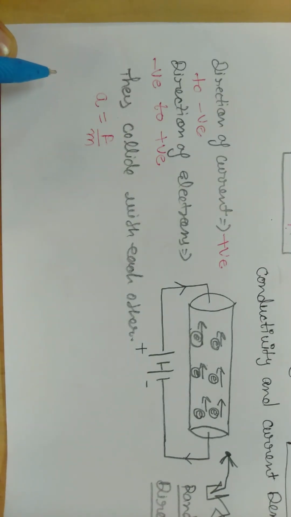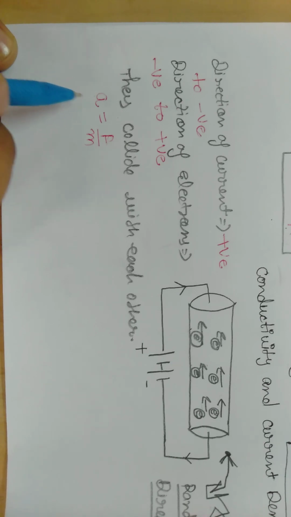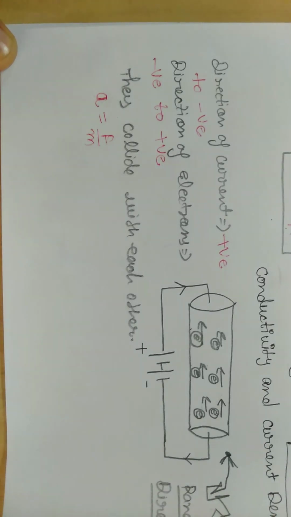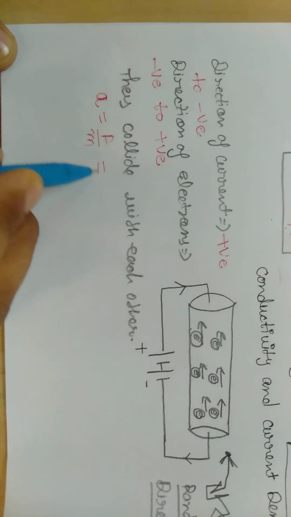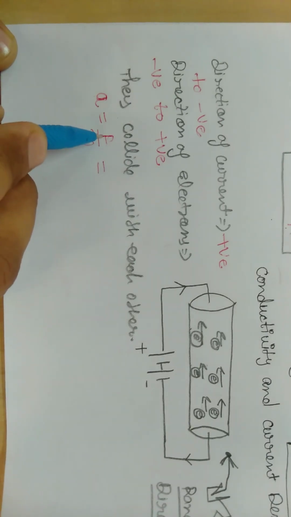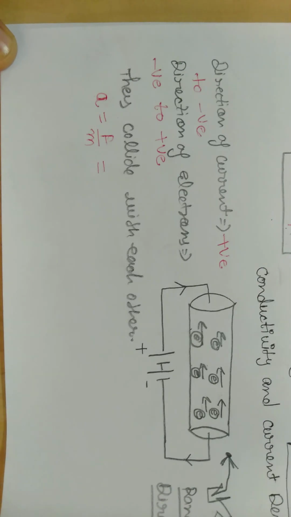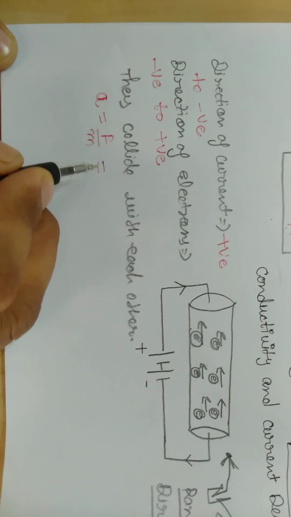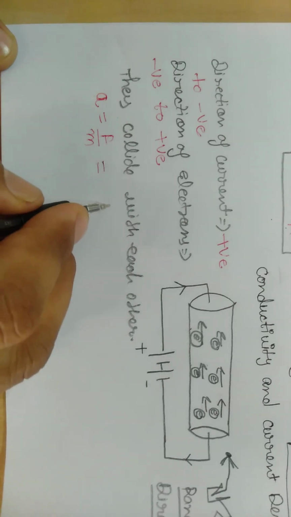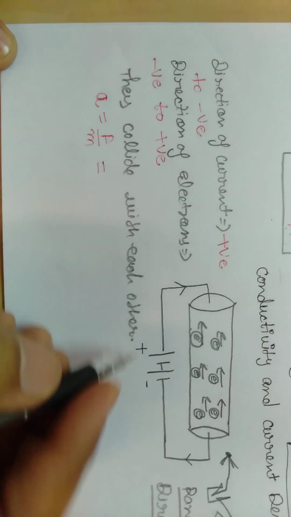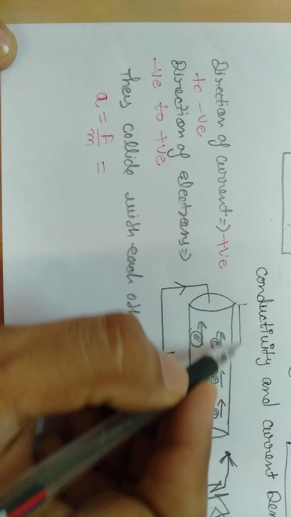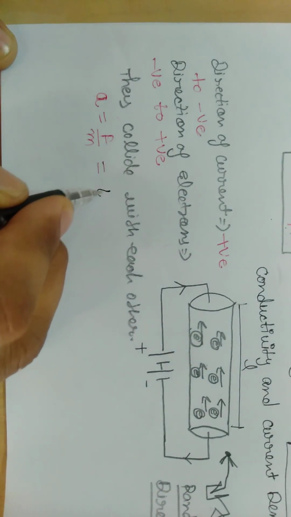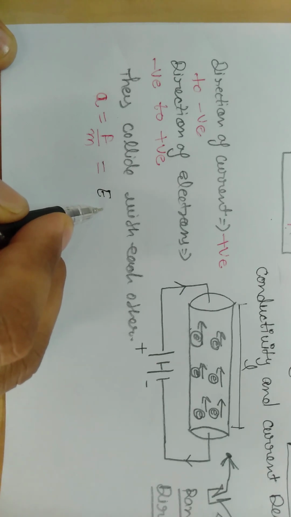That is the formula that we have taken from Newton's law of motion, that acceleration is equal to force upon mass. As we know, this force is due to the electric field applied through the conductor.